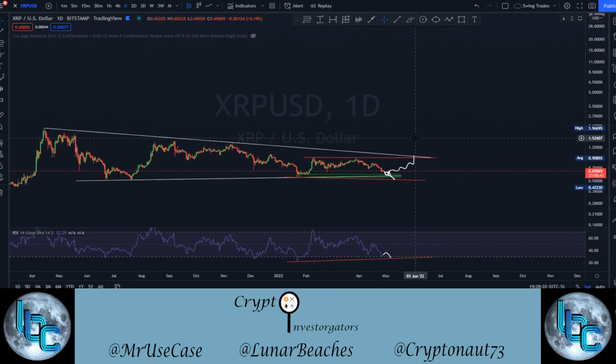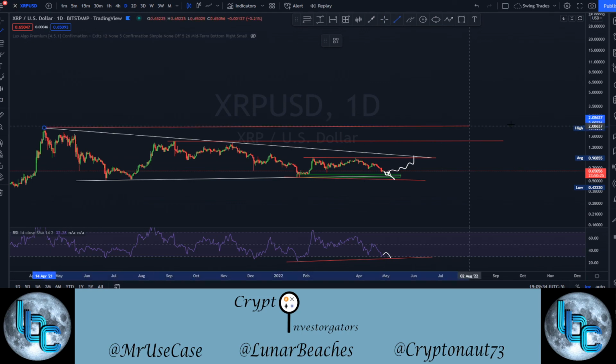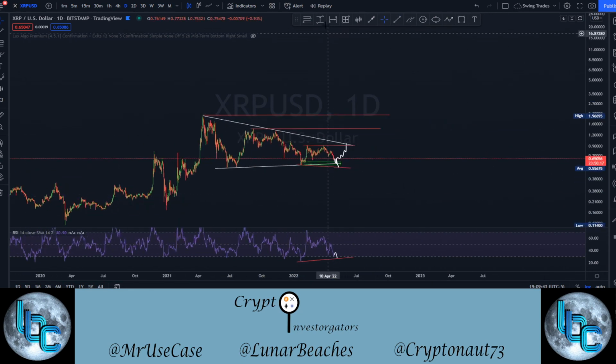And we finally break through that. Oh, and then we come here and we break through $1.41. Uh-oh. And then we come through here and we break through $2. Then it's off to the races.